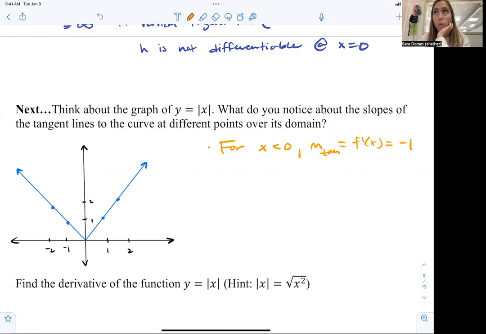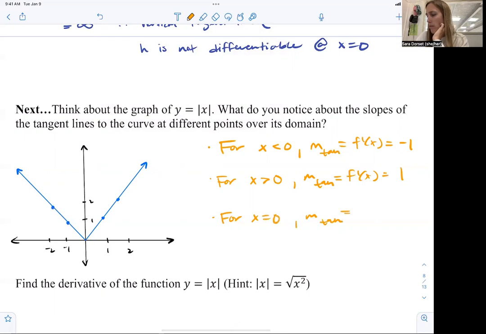It's a line with a slope of -1. Then we can say for x greater than 0, the slope of the tangent lines, f prime, would be equal to +1. And then we're like, when x is 0, I don't know.